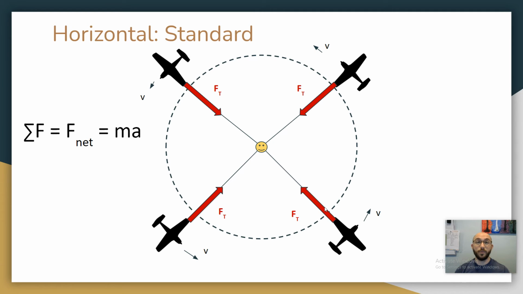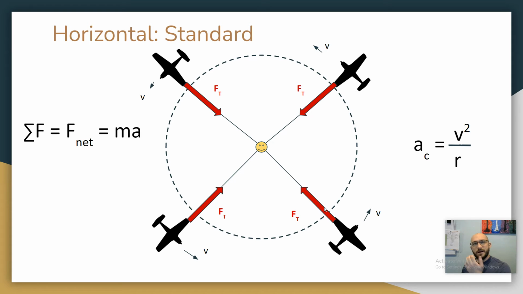The plane is going in a straight line, and then it gets pulled 90 degrees from its direction of motion. This causes the velocity vector to stay the same magnitude. So you're still going 5 meters per second. But now instead of 5 meters per second that way, you're going 5 meters per second that way. And then 5 meters per second that way, and so on.